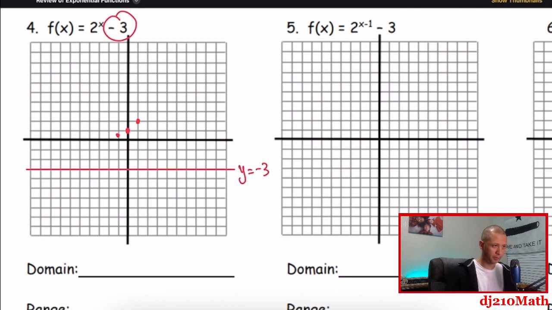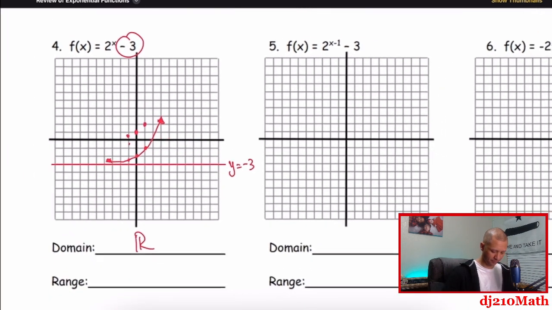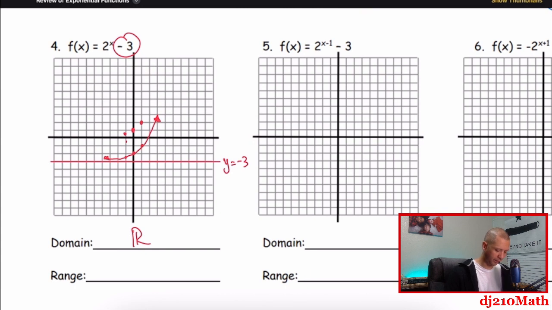So all these points move down 3. Domain is all real numbers. And the range is from the horizontal asymptote towards infinity.